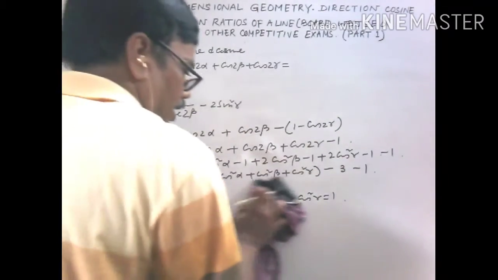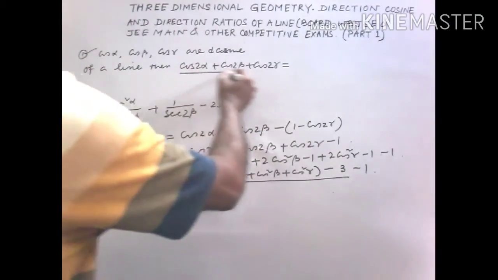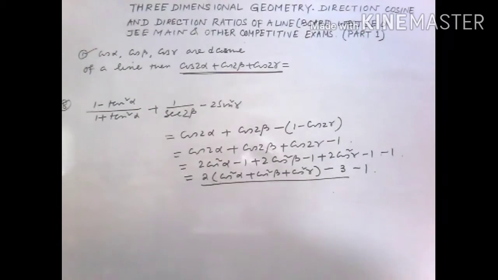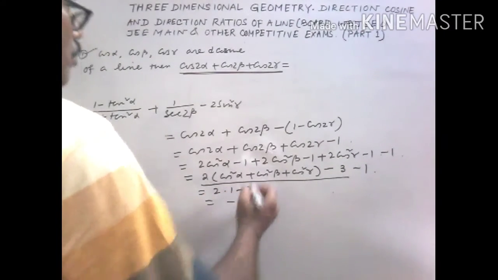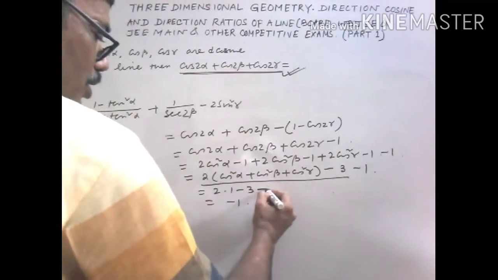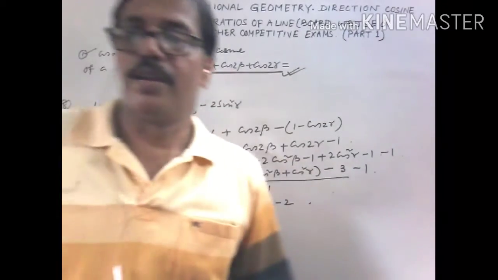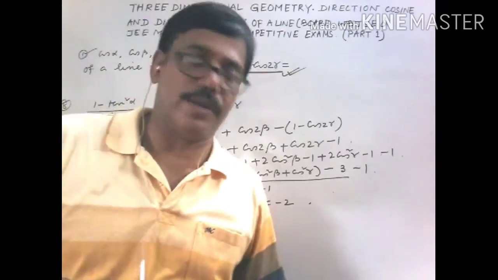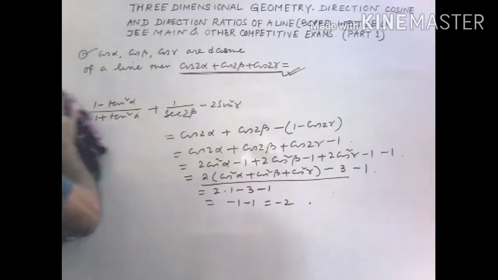So if we write minus 3, then this is 2 into 1 minus 3. So the value is minus 1 for problem number 1, and for this you have to add minus 1, so minus 2. These are basic problems.